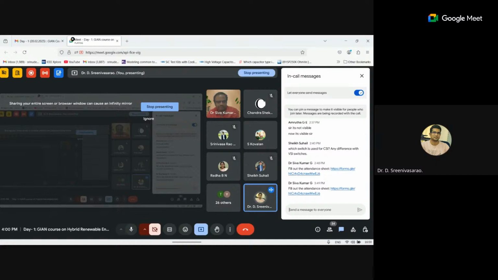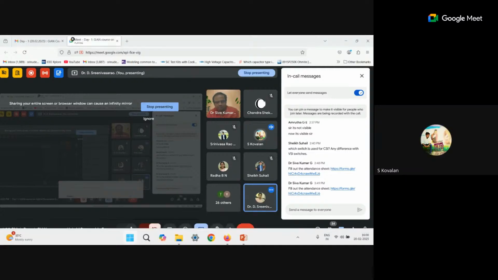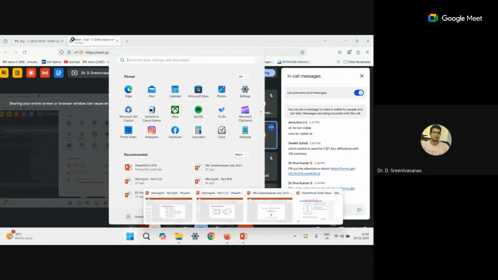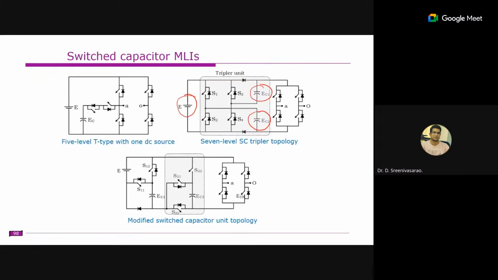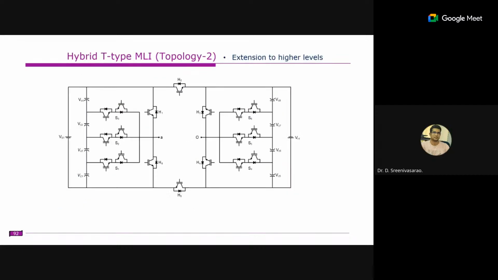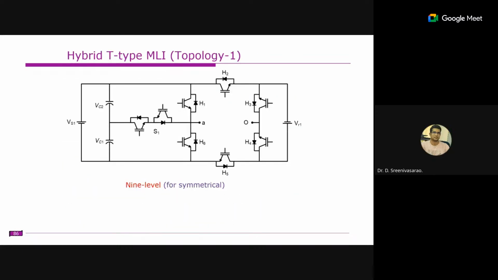For example, I showed the two-level inverter waveform. That is a PWM waveform where the THD value is very high. If you want to reduce that, you need to connect some filters, or else go for the multi-level waveform.